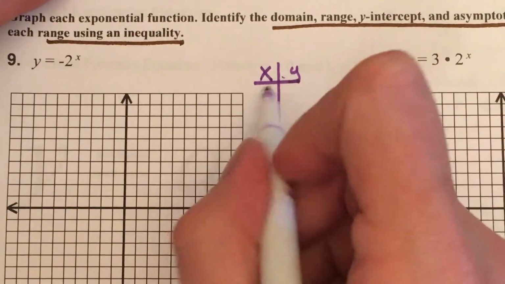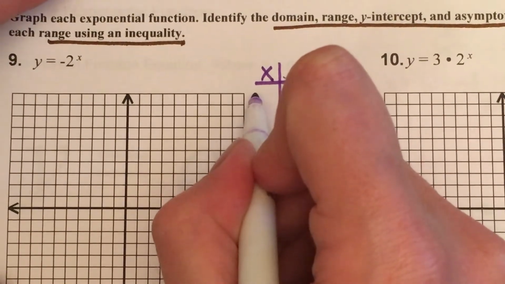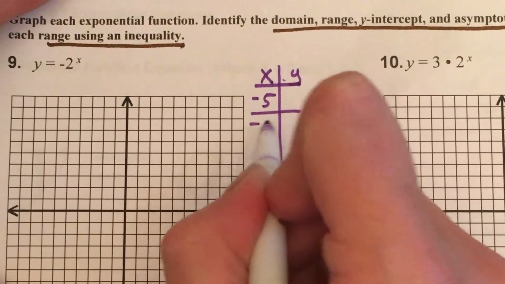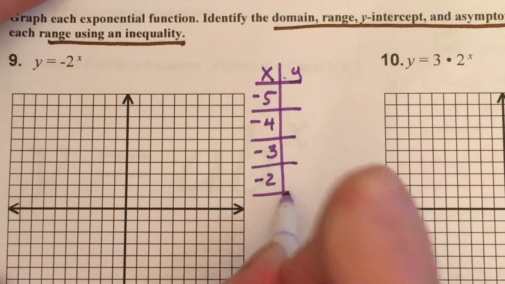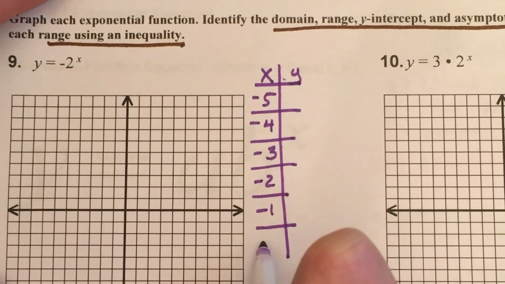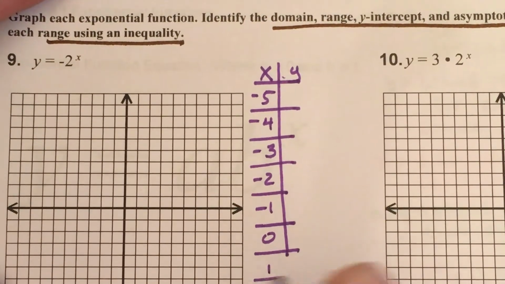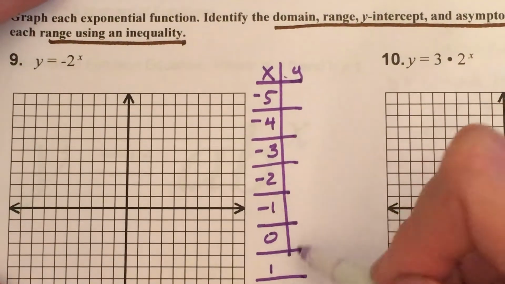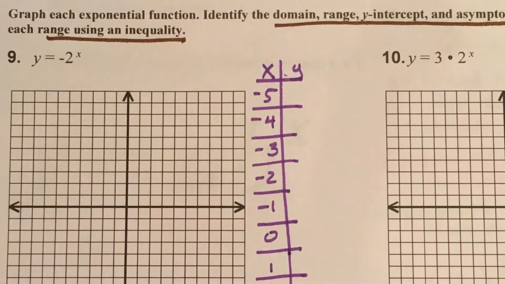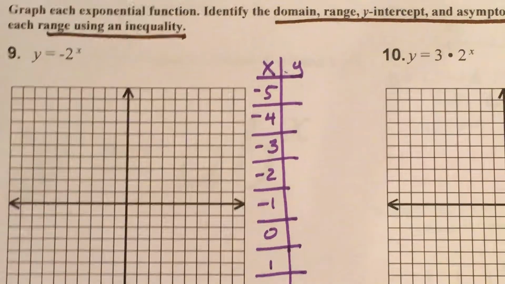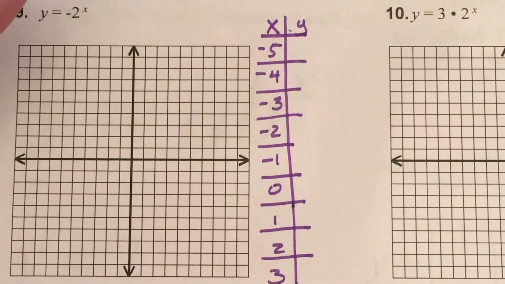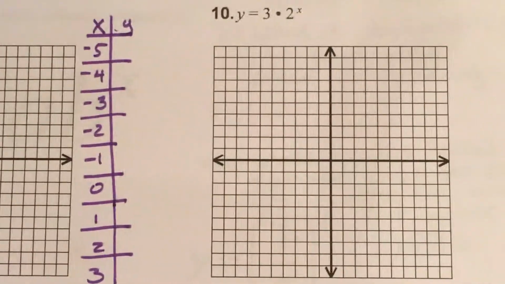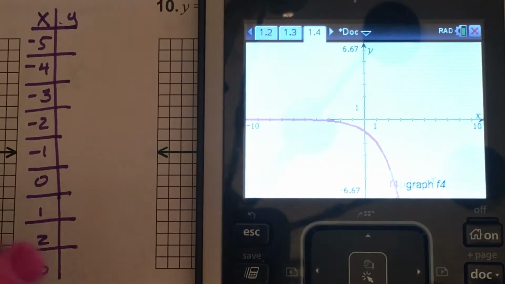X, Y, -5, -4, -3, -2, -1, 0, 1, 2, 3. So what does your t-table make? Control Doc.